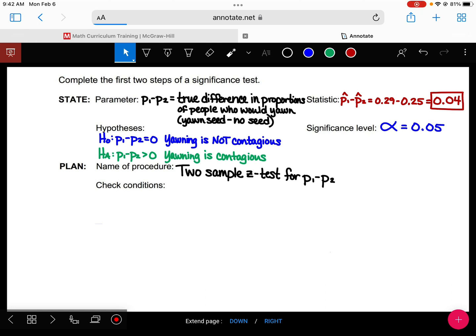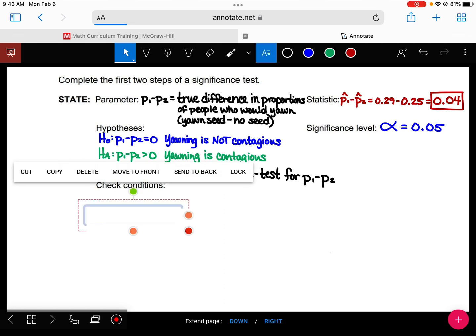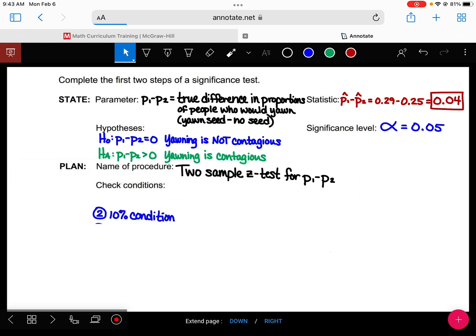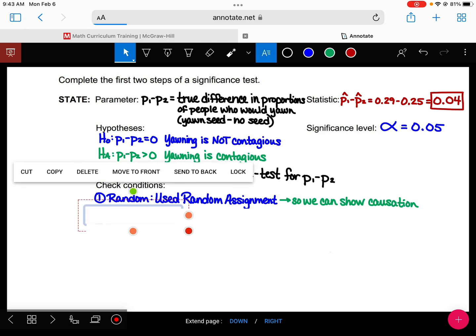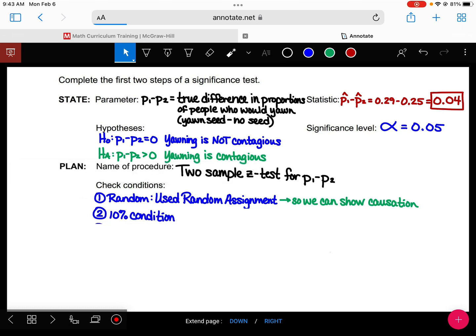Conditions. Talk to me about randomness. How did they satisfy the random condition? They used random assignment. This is so we can show causation. Second condition we need to check is what one? 10%.